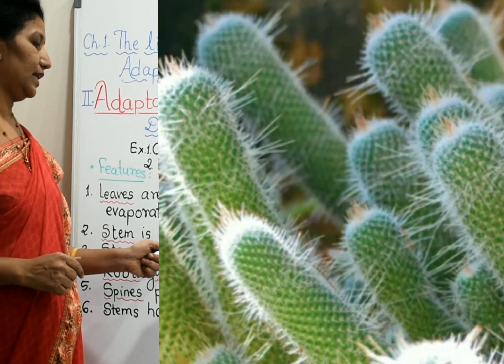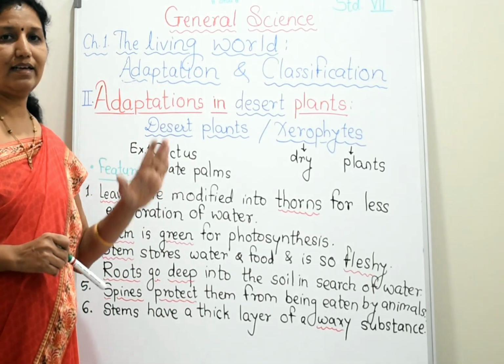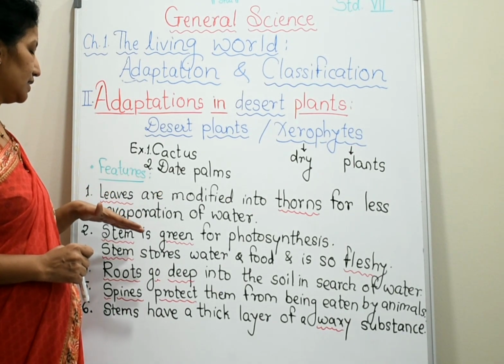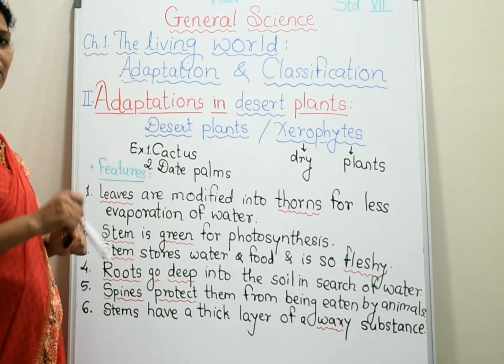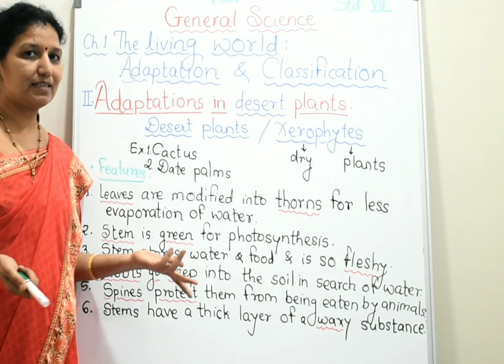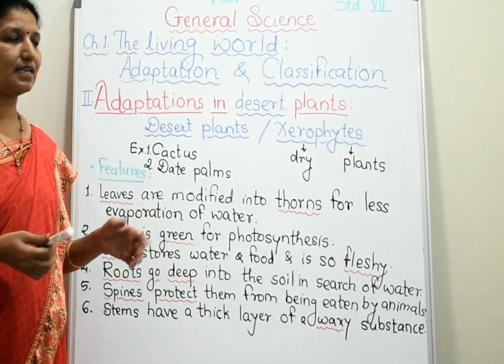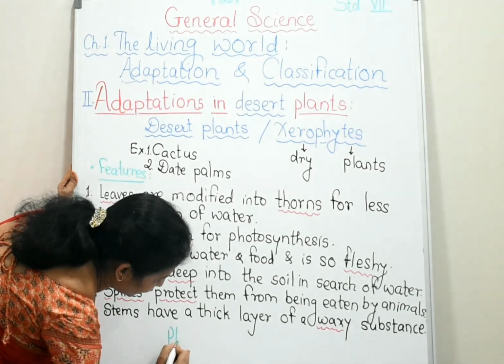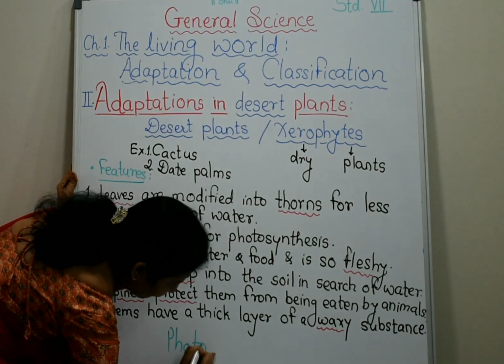Then the stem is green. Now there are no leaves, there are thorns present on the stem, and because of that there should be photosynthesis. What is photosynthesis? Now this word is also made up of photo plus synthesis.